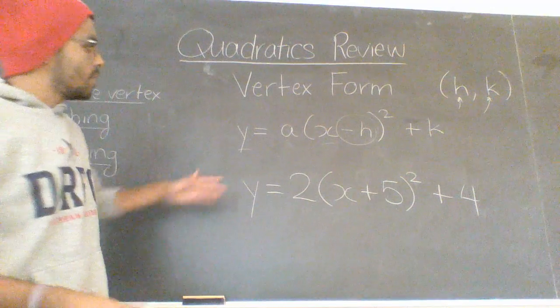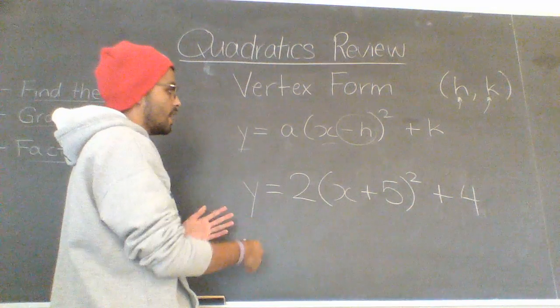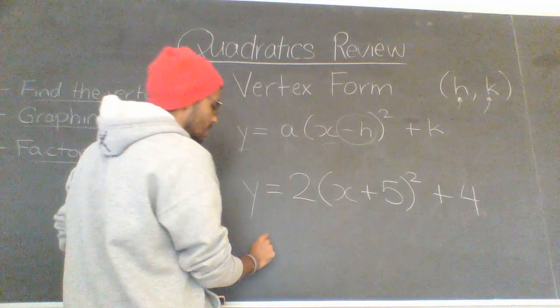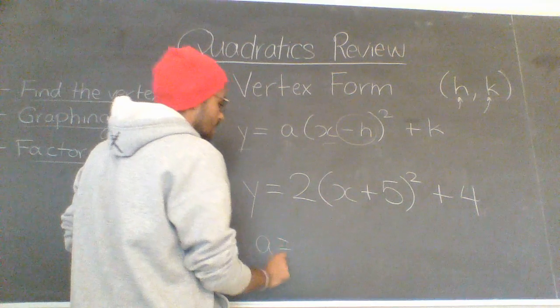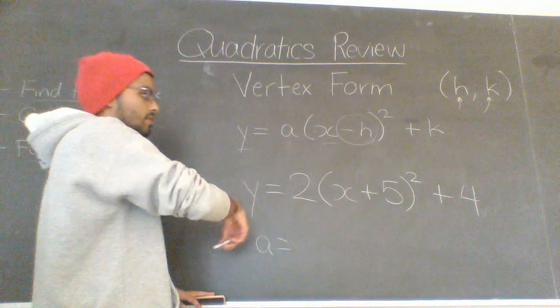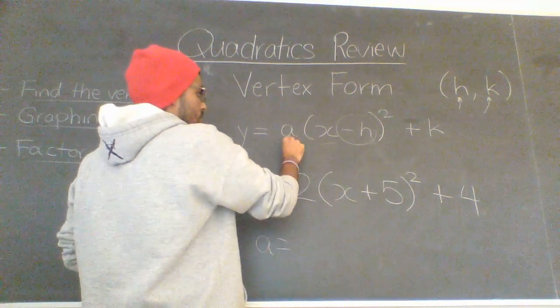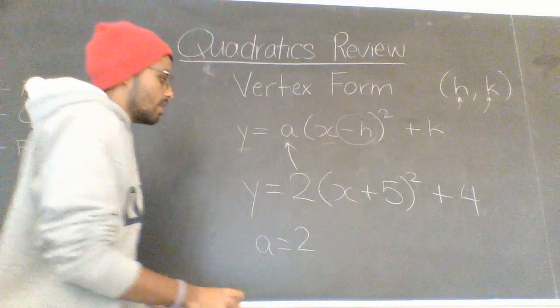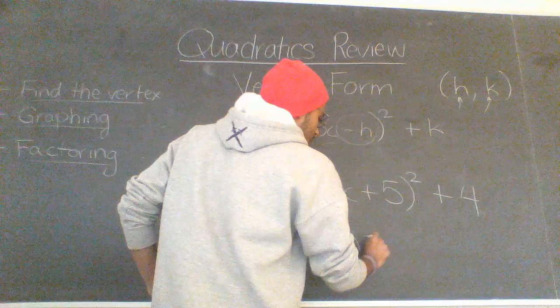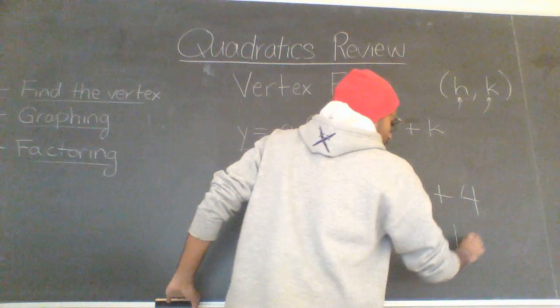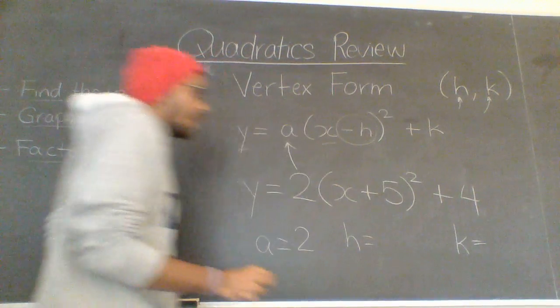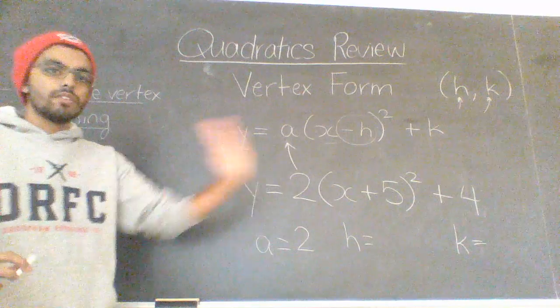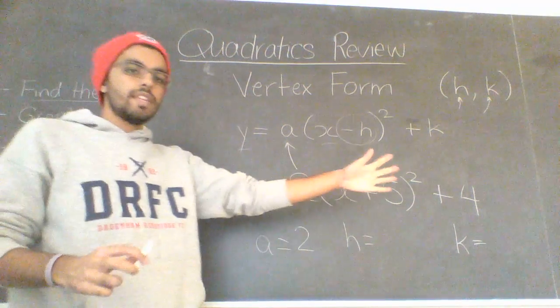Now, our first job is to figure out, okay, which one's a, which one is h, which one is k. And we can see the a value here is the thing that's on the outside of the brackets, so that's the 2. 2 is the a value in this case. All right, the h value we'll come back to in a second, because the k value is easier. The k value is the thing that's on the end. It's not being added to x, it's just the last thing in the line.